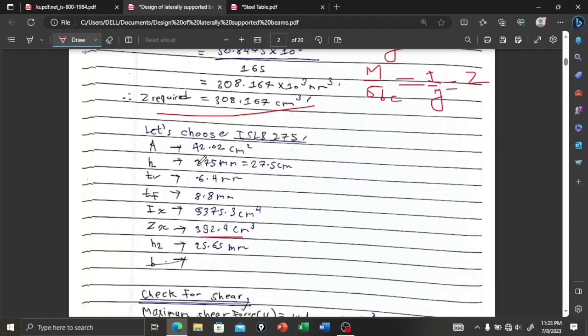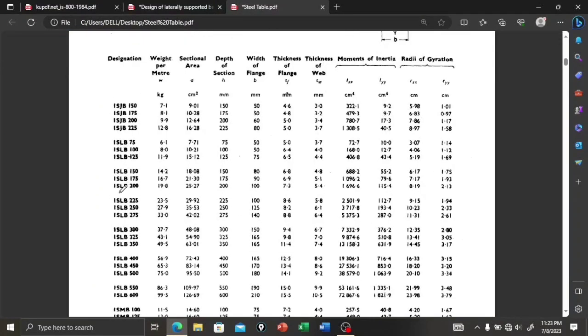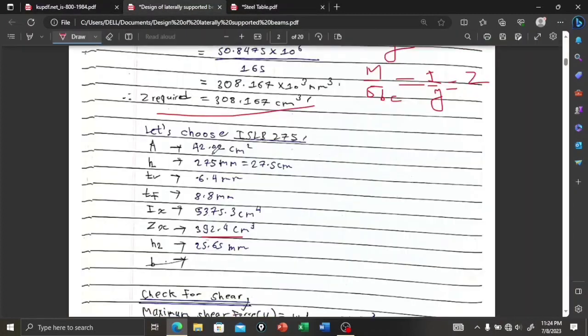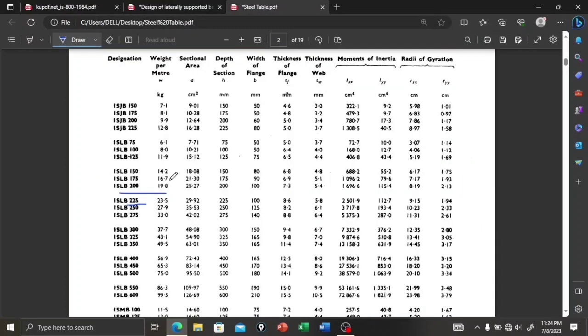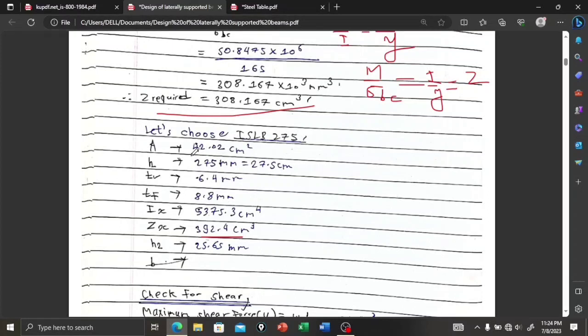So area of ISLB 275 is 42.04 centimeter square.